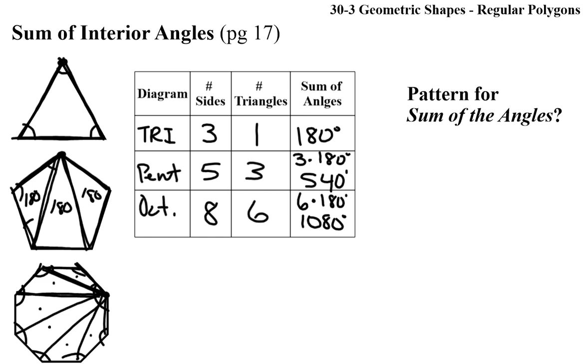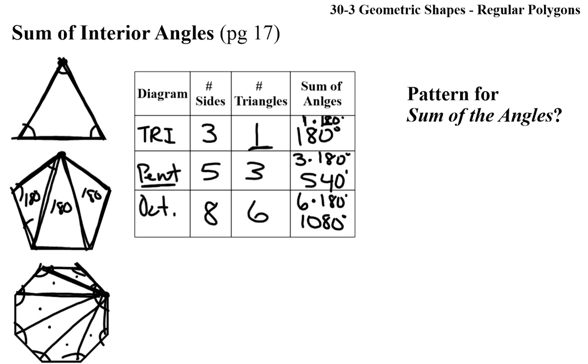Well, when you take a look at that chart, do you see a pattern about how to calculate the sum of the angles? Well, a triangle was really one triangle times 180 degrees. So one triangle times the 180.